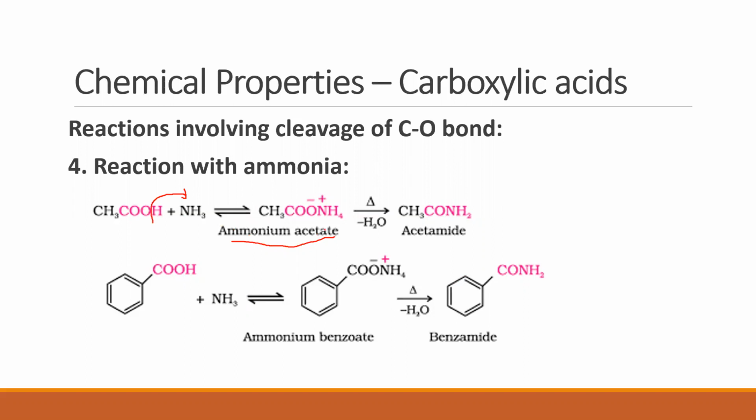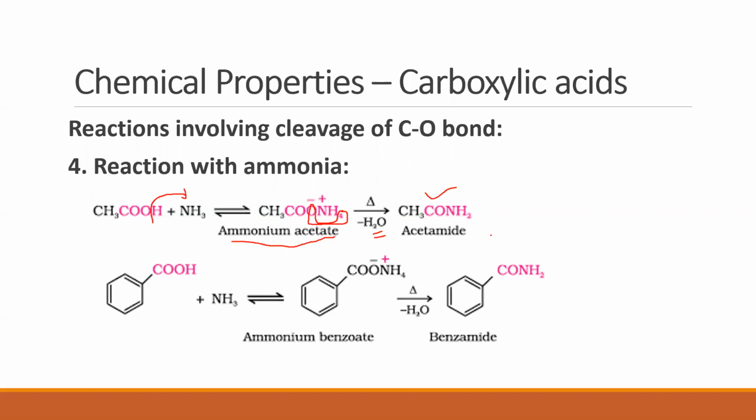So ammonium acetate is first formed. Then when you heat it, there is removal of water. Like this, two hydrogens will take away one of the oxygens to go out as water. And what is obtained? CH3CONH2.